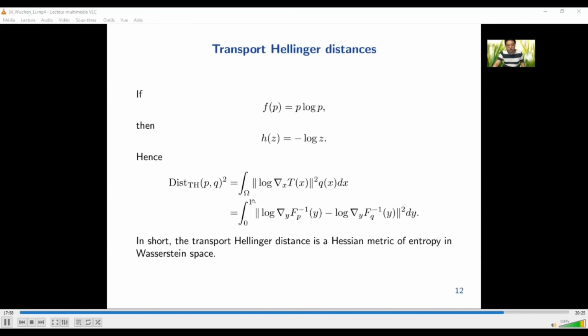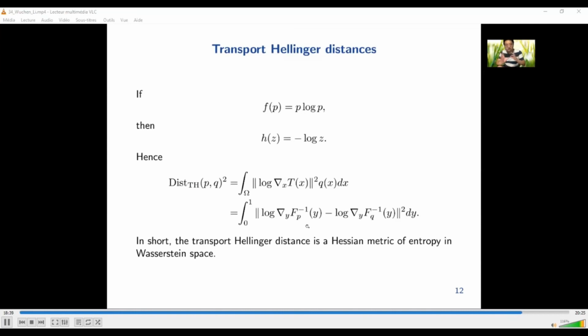Or you can also write it in terms of the gradient of F_p inverse and gradient of F_q inverse, squared, dy. So this formula mimics the role of the Hellinger distance. At the beginning I have F_p inverse and F_q inverse, squared. Somehow I apply some gradient operator and some log operator here. I can construct a new function and subtract the corresponding q function. That is what I call the transport Hellinger distance.